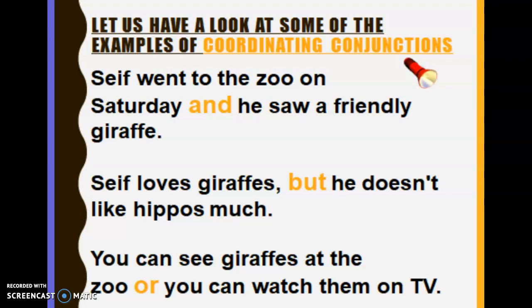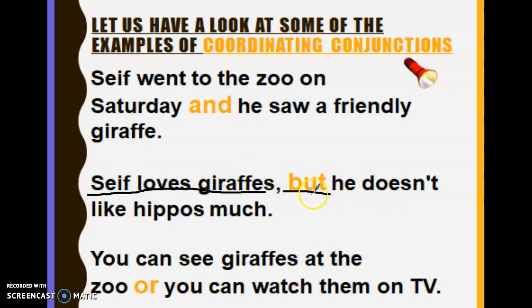Let's look at one more example. Seth loves giraffes. This is one clause. Here, but is our coordinating conjunction.